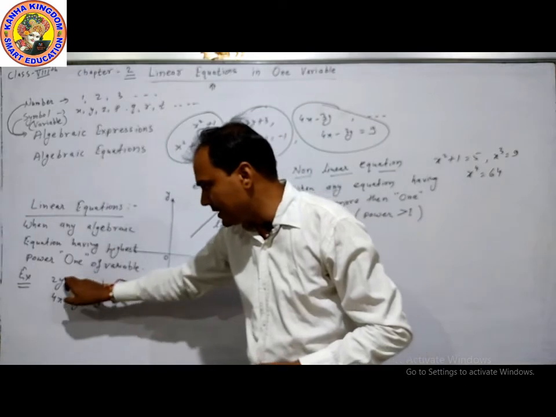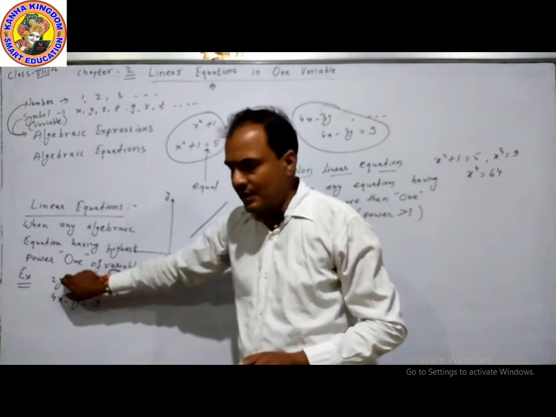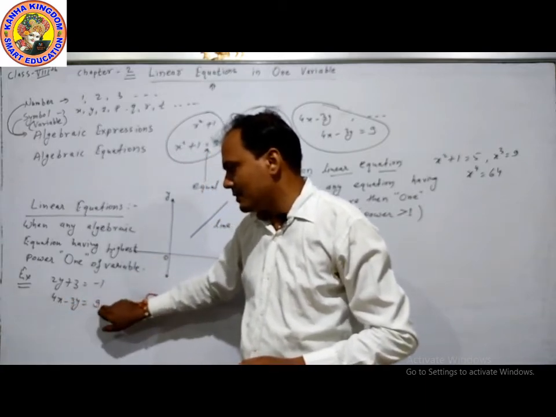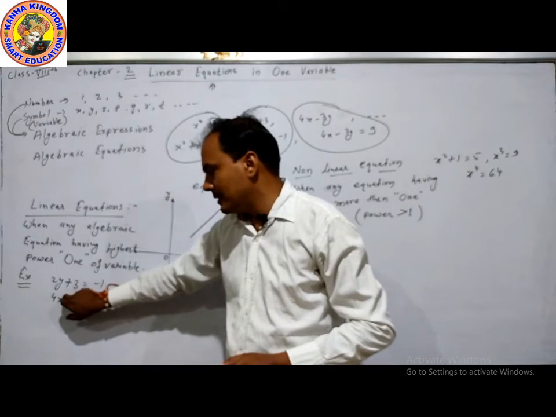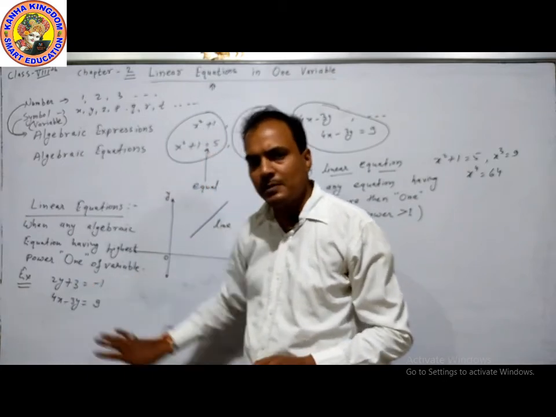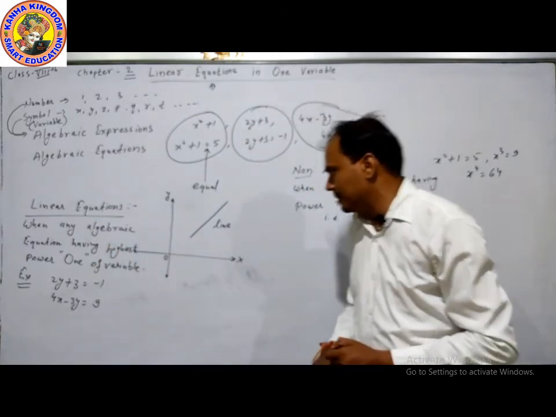Example of linear equation: 2y plus 3 is equal to minus 1, highest power is 1. 4x minus 3y is equal to 9: power on x is 1, power on y is 1, highest power is 1. So this is a linear equation.